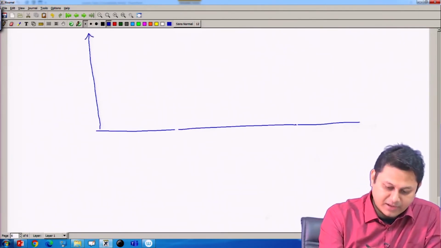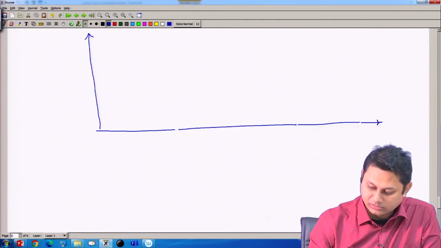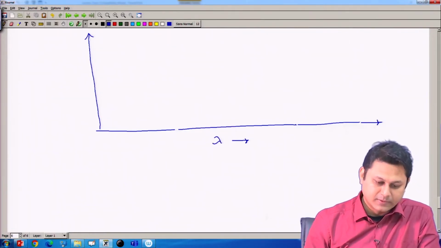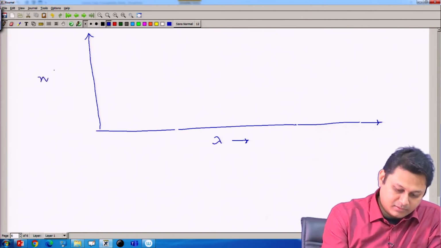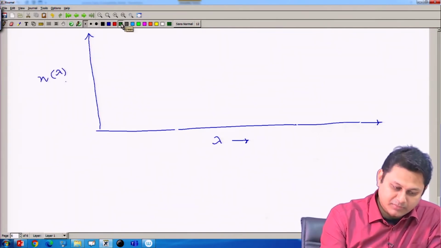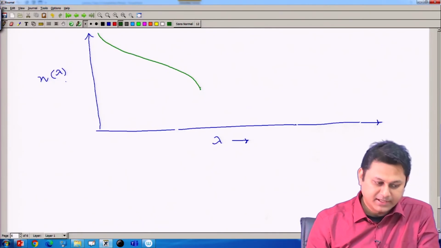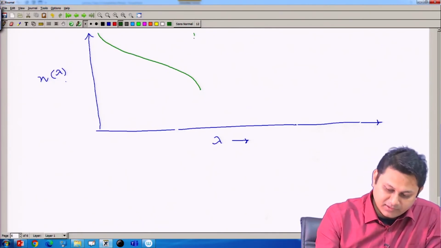I have a wide range of lambda, and this is n versus lambda, and my refractive index curve is something like this. At some point here I have a discontinuity because this falls near the resonance frequency, and we know that at resonance frequency some sort of discontinuity one should expect.